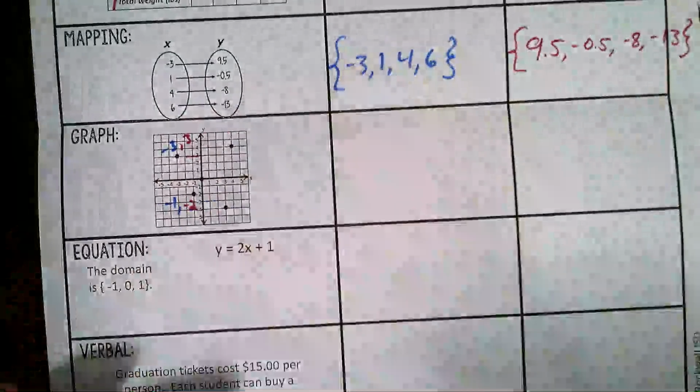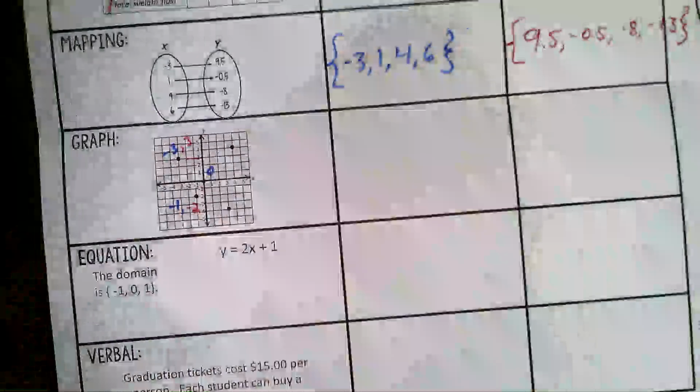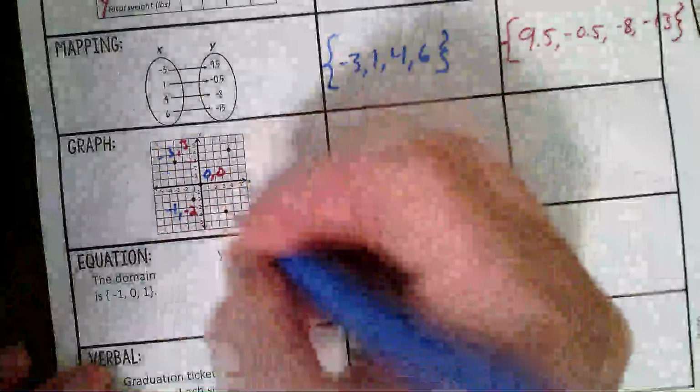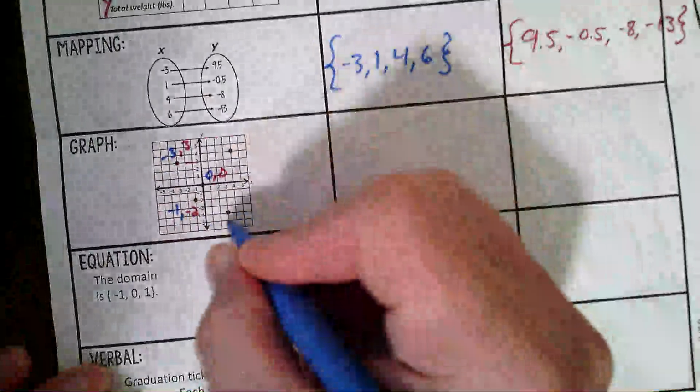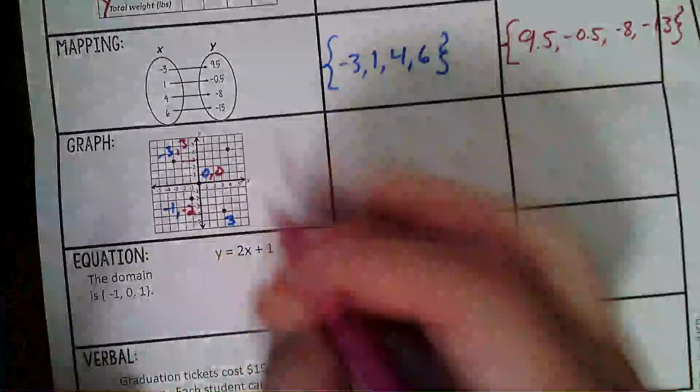If you notice, I'm still using the pattern of using the blue marker for my x values and the purplish marker for my y values. And yes, the 0 is right there. It's being used. That point is 3. This one is -4. This one is 4. And that one is 4.